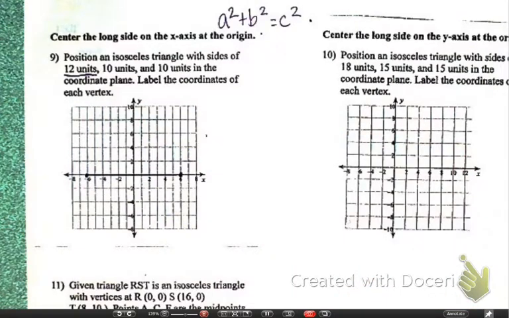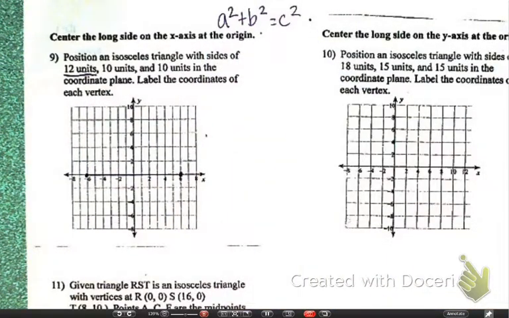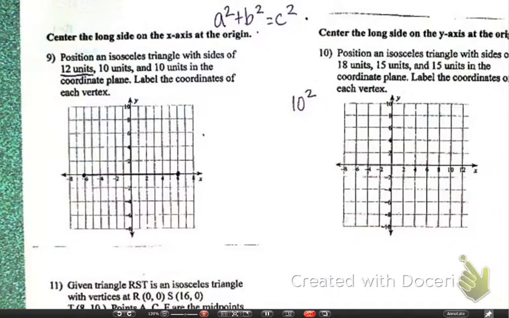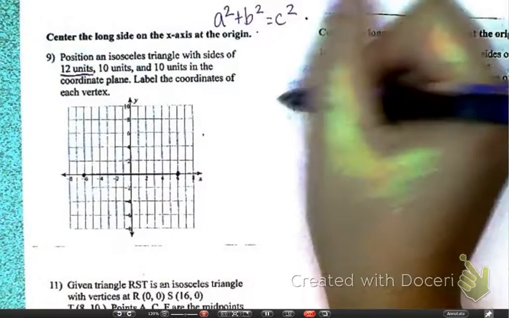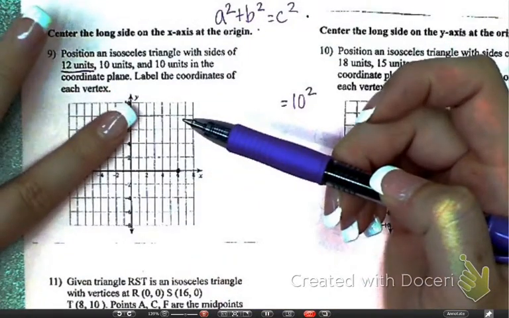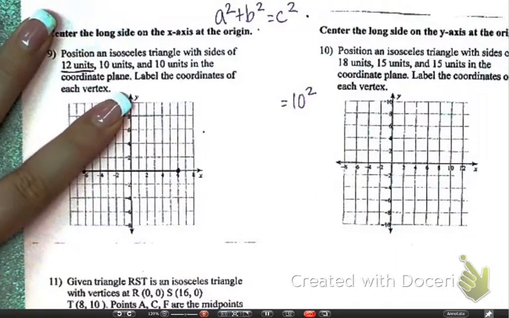We know it's going to be 10. It tells us that. Which one of these, A, B, and C, is the hypotenuse? C. So I know C is going to be 10. I just have to figure out what A and B are. So if I have a hypotenuse drawn in here, and I know that's 10, does anyone see where I can create a right triangle?